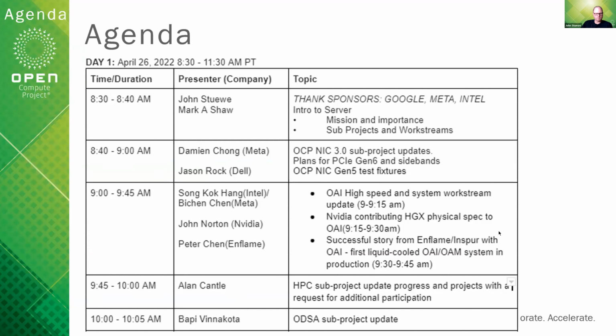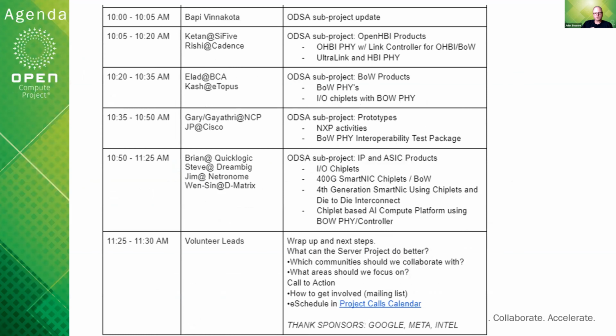And then the ODSA subproject updates actually has a panel covering a lot of different aspects of ODSA. So I'll let Bappy go into the details about what all these panels are, followed by a wrap up.